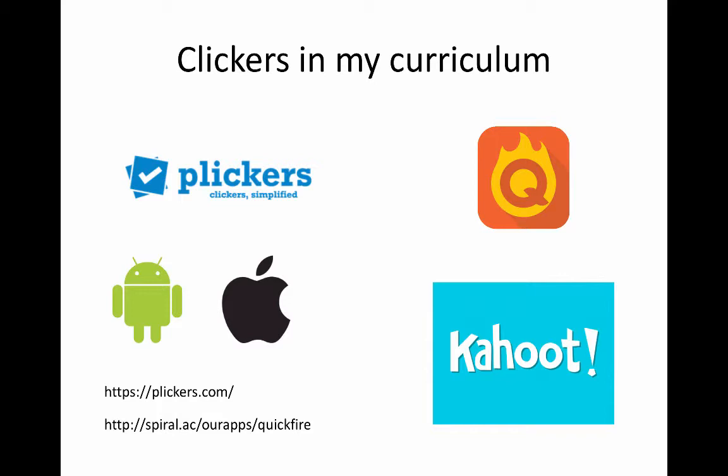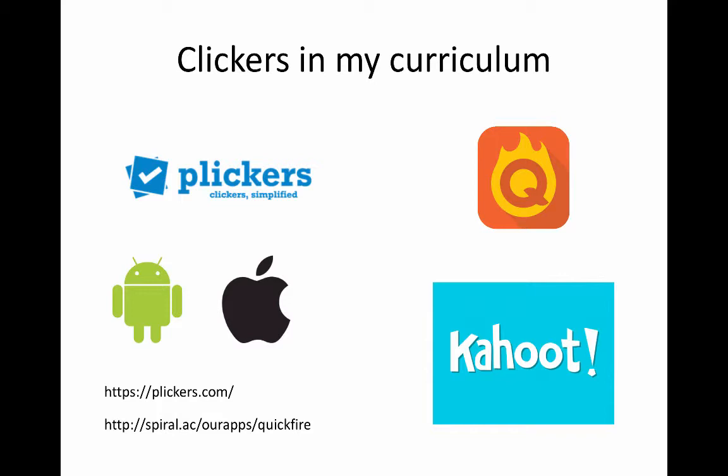It may not necessarily be as much data analysis as the paid applications, but for what I'm interested in, just getting that instant feedback so the instructor can assess student learning, in the formative assessment kind of way of, okay, how are we progressing along this lesson? Do I need to talk about anything in more detail? Do I need to change the way I'm doing things? I think these three apps provide some value.